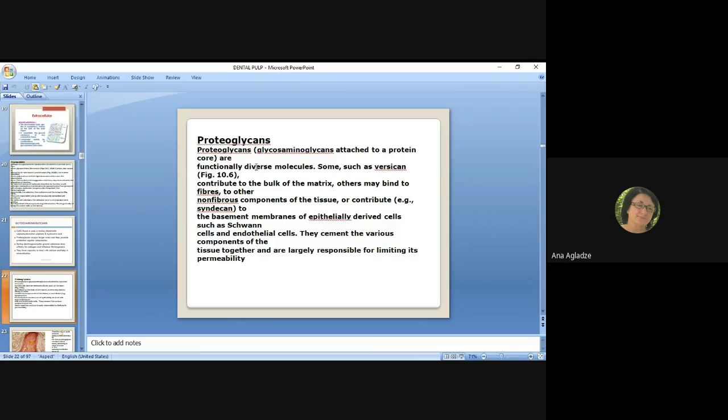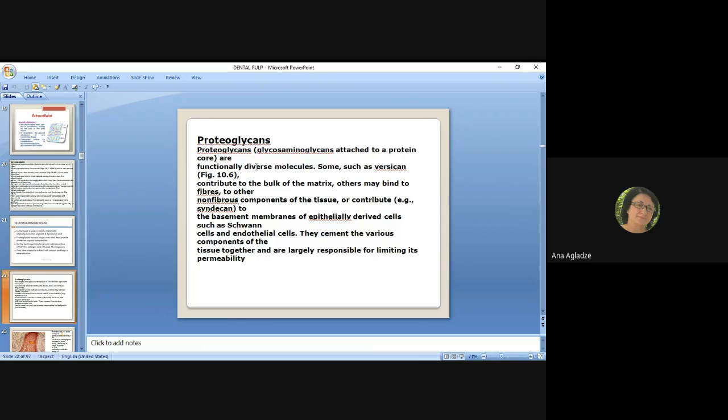Some of them, for example versican, are large hydrated aggregates. And also there is fibronectin, and also there are four groups of cell adhesion molecules, which are general in this extracellular matrix: the immunoglobulins, selectins, cadherins and integrins.